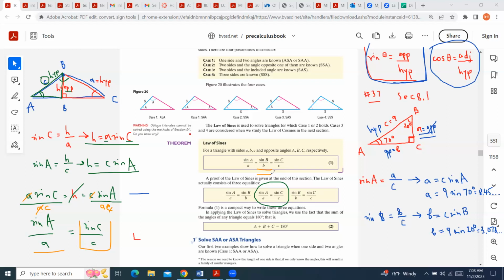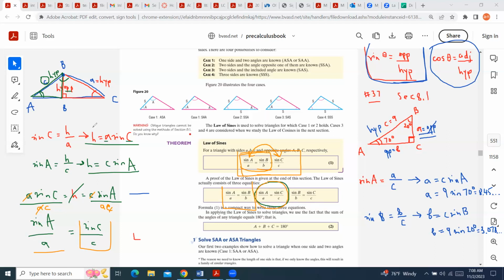Technically, this equation consists of three different ones. One part says that these two are the same, and that's the first one. The one that we have shows that first and last are the same, and this is the one that we just justified.